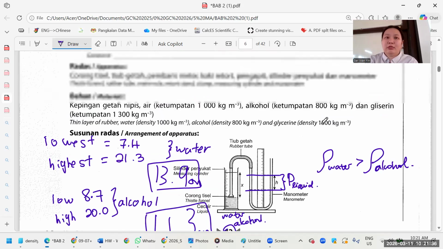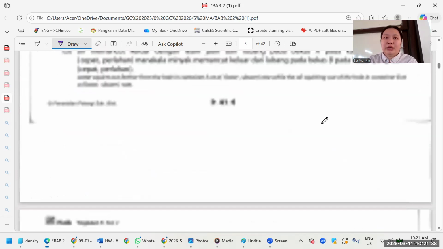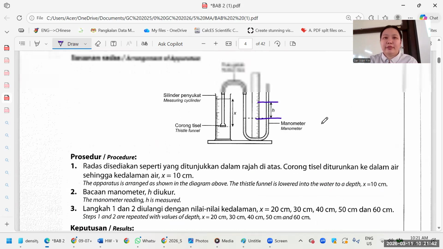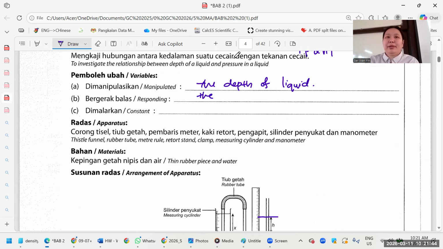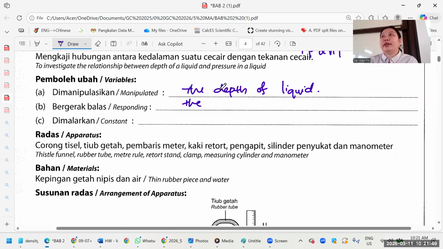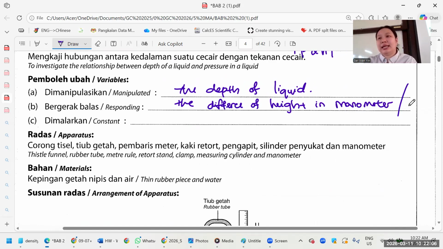Okay, so now for page 40, the manipulated variable just now is the depth of liquid. So the responding variable would be the difference of height in the manometer, which is actually the liquid pressure.